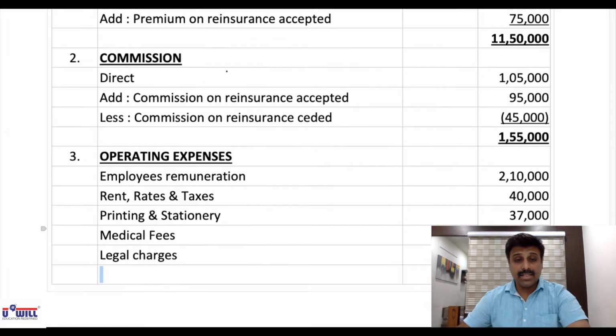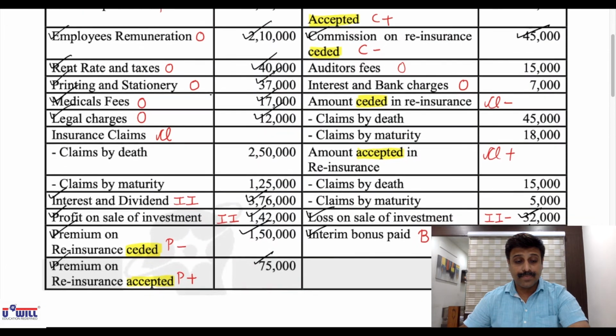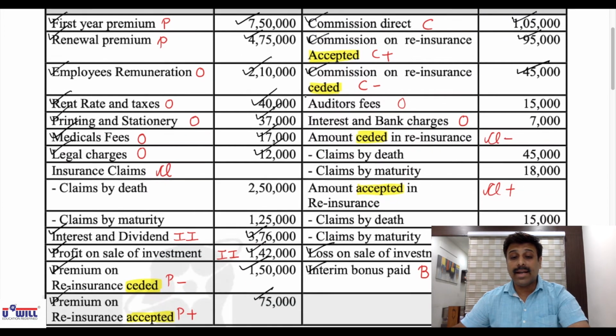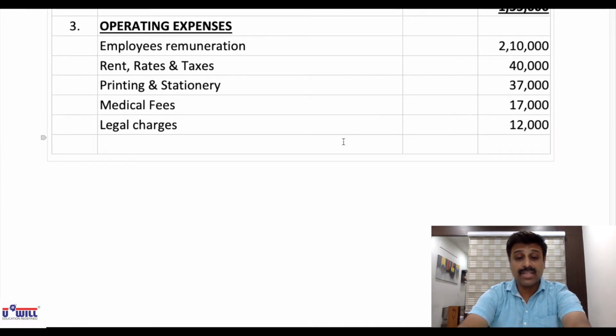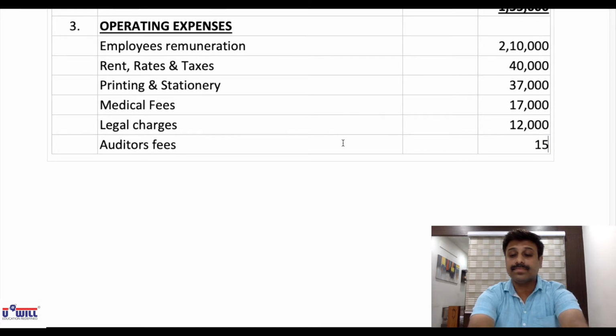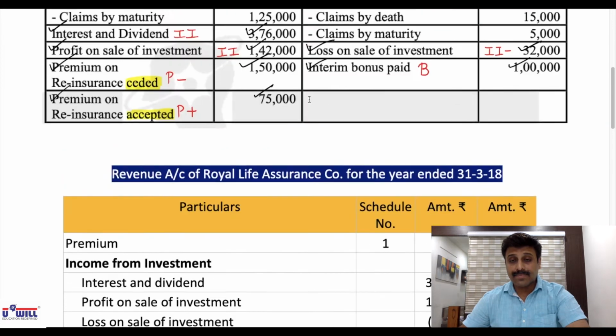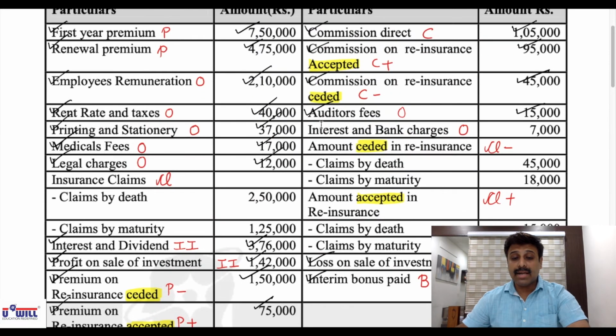Then after legal charges, what we have is O marked items, directly auditors fees. Okay, auditors fees 15,000. So all of you write down auditors fees 15,000. Then after auditors fees, next item marked as O, interest and bank charges 7,000.